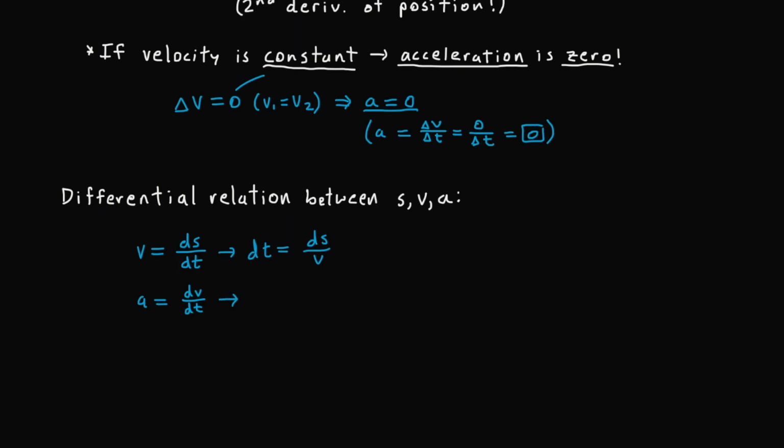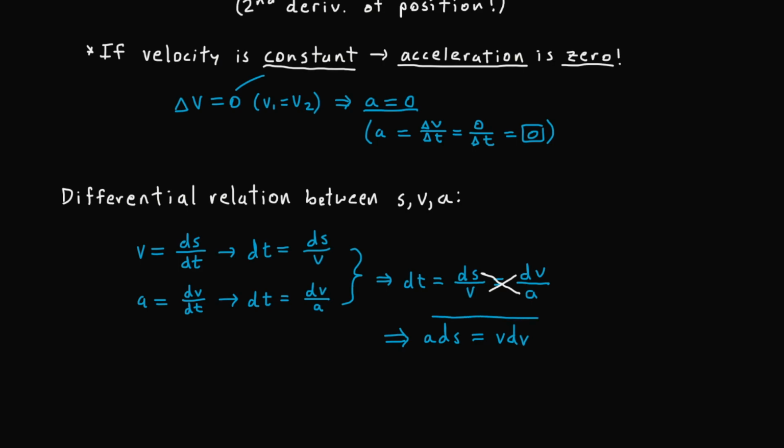And now doing the same for acceleration, we have dt equals dv over a. And so from this, we can see that dt is equal to ds by v, which is also equal to dv by a. And now if we cross multiply our terms and simplify, we have a ds equals v dv.